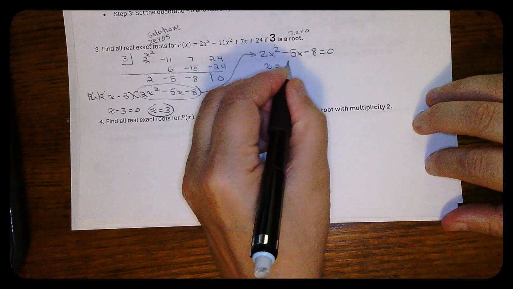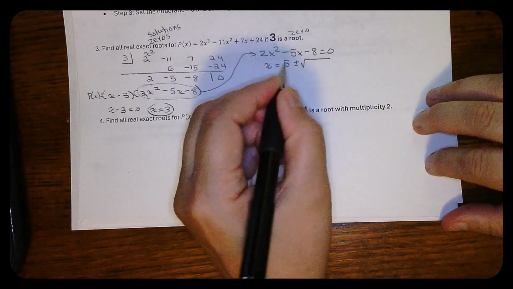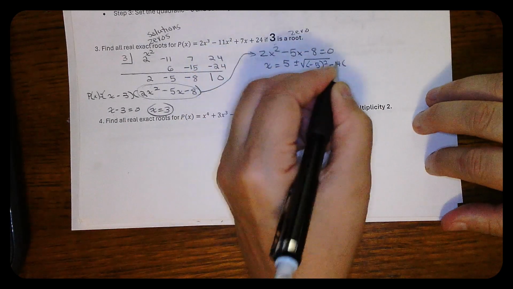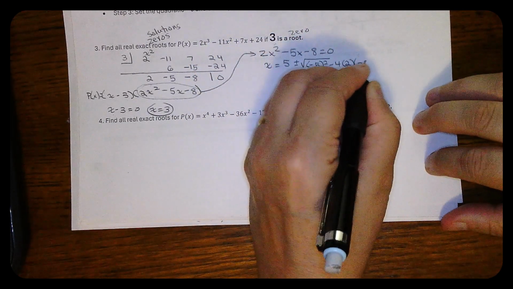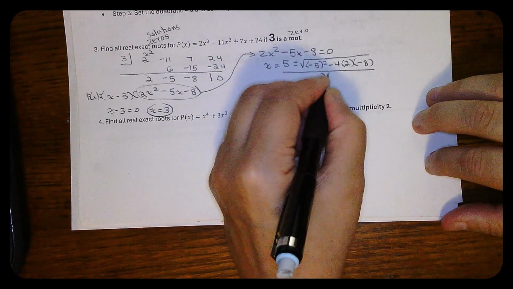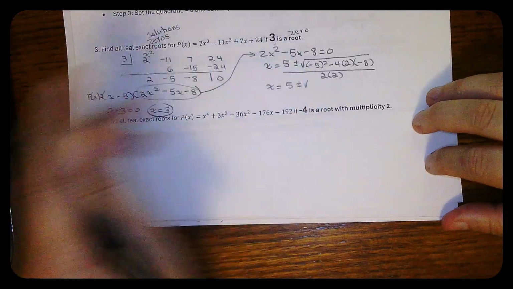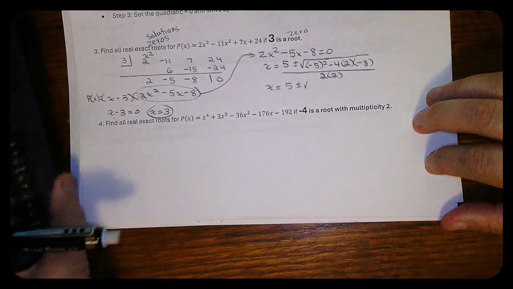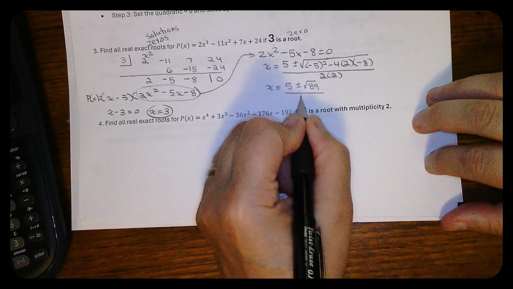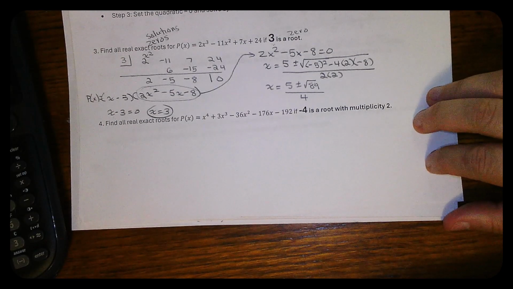So x equals -b, so +5 plus or minus the square root of -5 squared minus 4 times a times c, which I already did, over 2 times a, which is 2 times 2. So x equals 5 plus or minus the square root of 89, I already did the discriminant, over 4. And 89 doesn't reduce, so those are my other 2 zeros.